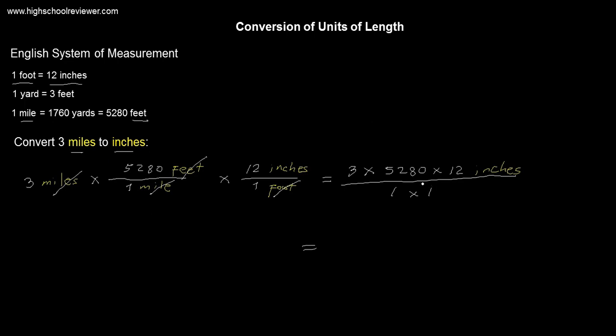This is understood, since our denominator here is 1. The result is 190,080 inches. Therefore, 3 miles is equal to 190,080 inches. And this is our final answer.